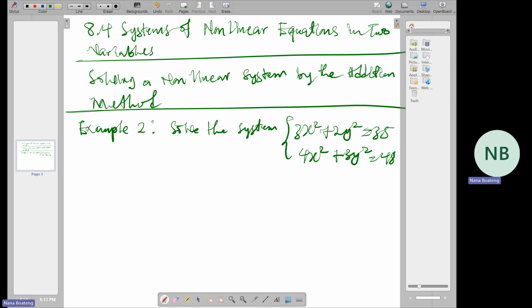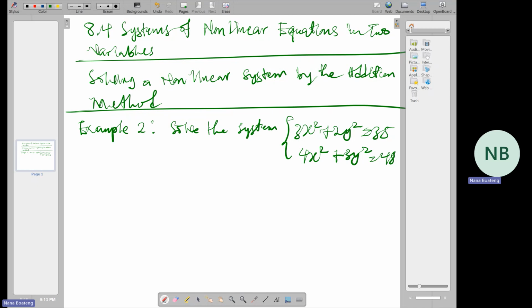All right, so to solve this system, we will attempt to find a means to make either the terms that involve x squared or the terms that involve y squared cancel.